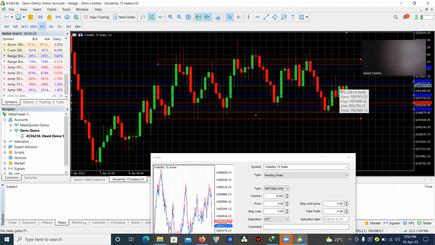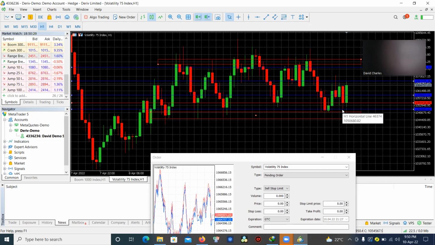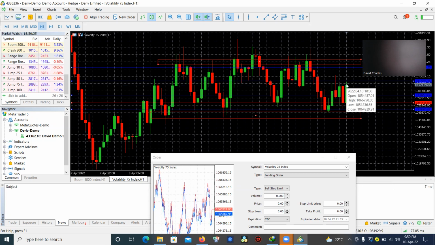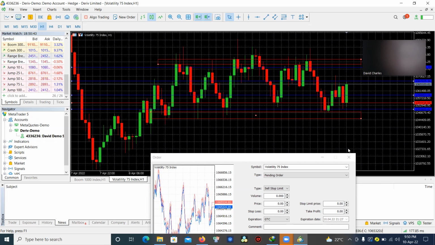And that's why you see this wick came all the way up, then it closed, then the bearish candle melted. Now this one is fighting. It will depend how long you've had that buy stop there. If after this candle you are convinced it's going to melt downwards, then you remove it.